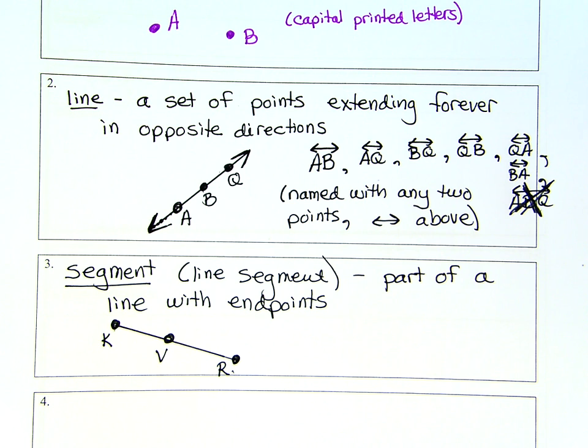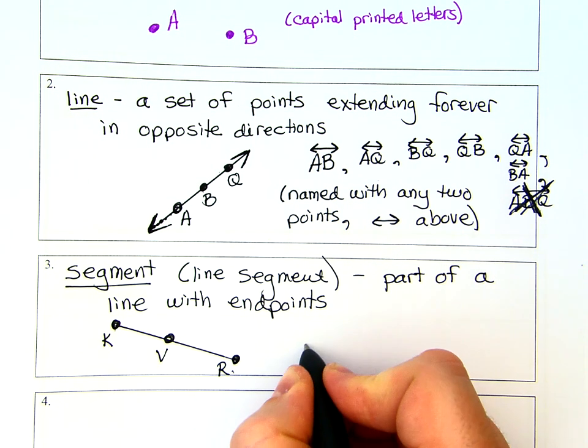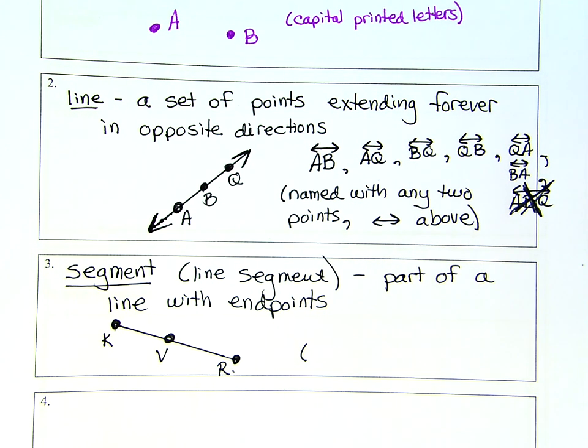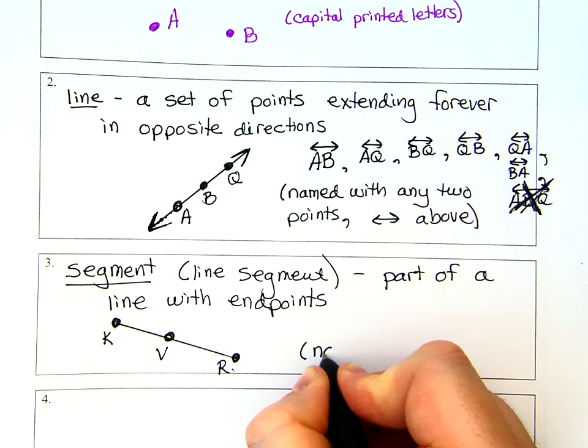Our naming rule. This is a little different. I can't use any two of those letters. This is only named by using the endpoints with a special segment symbol above.